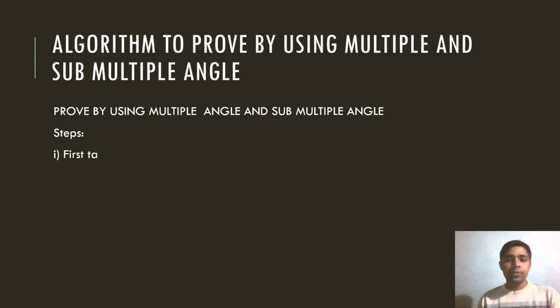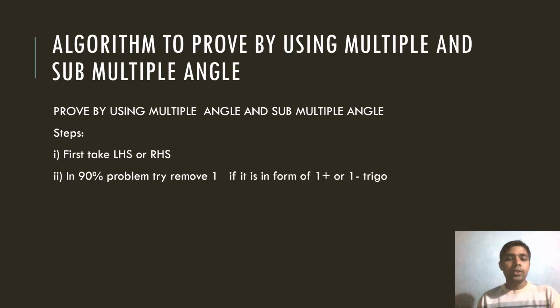So the first step: first we will take the LHS or RHS, whichever is convenient to take. Then in the second step we will try to remove 1 if it is in the form of 1 plus or 1 minus a trigonometrical ratio, that is 1 plus sine theta or 1 plus sine 2 theta, or 1 minus cos theta, 1 minus cos 2 theta, in this format.